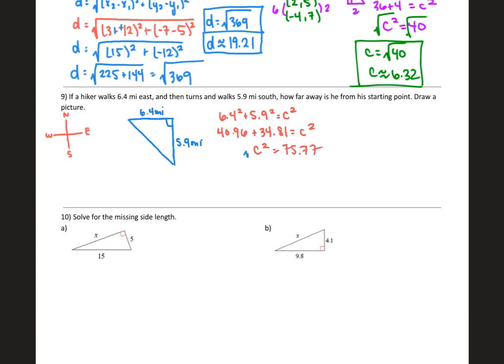And last step, we're going to take the square root of both sides. So my exact answer is square root of 75.77. And then my approximate, we're going to take the square root of that, and we get about 8.70. And then since this is a word problem, we need to make sure we include the units, which would be miles.